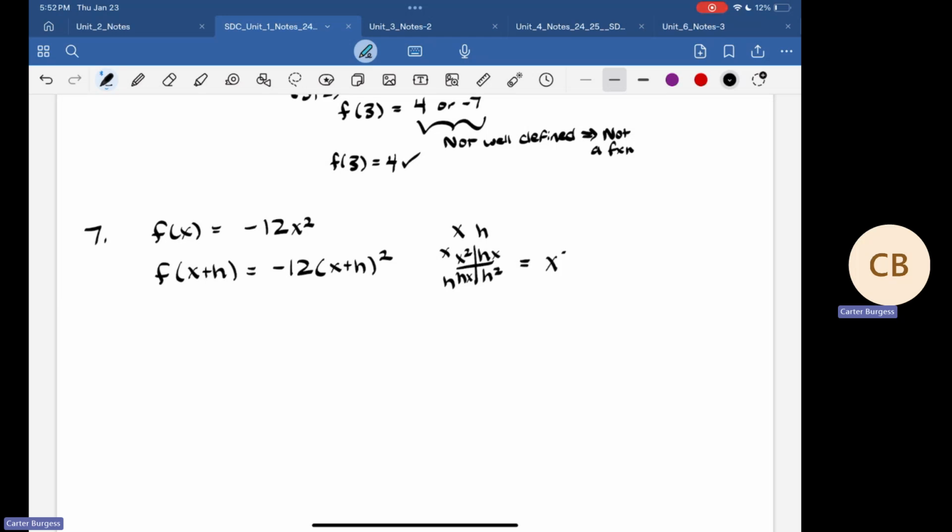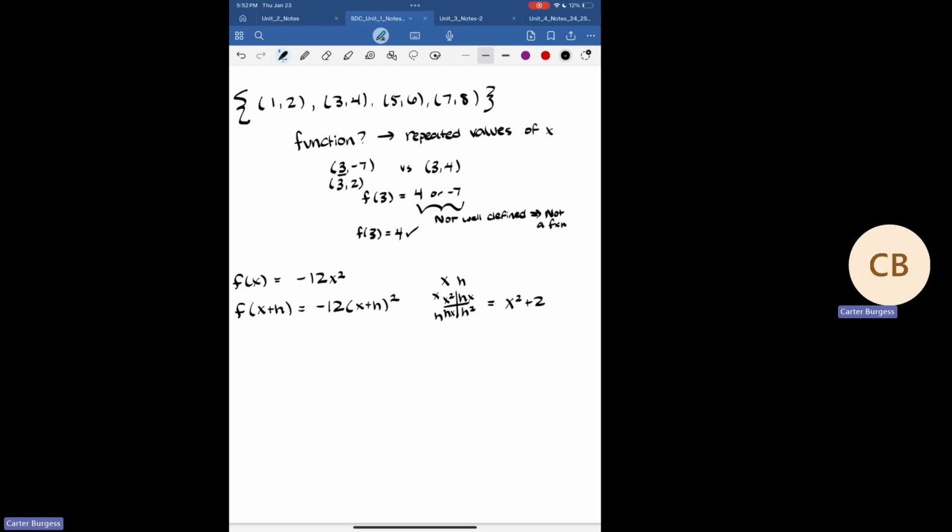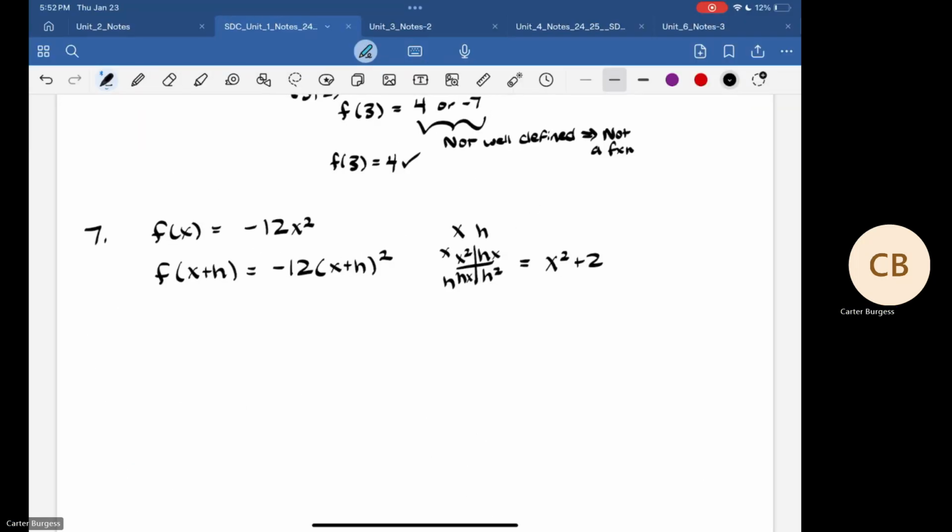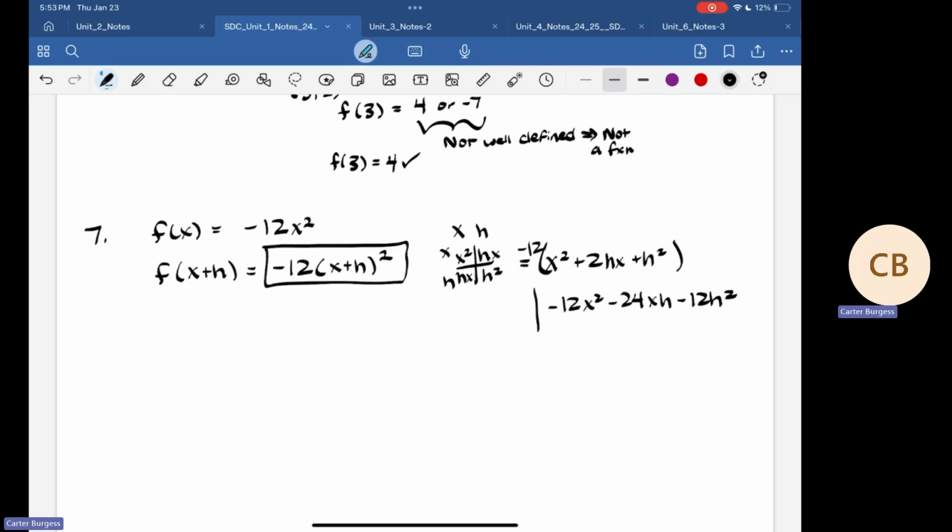We would get x squared plus 2hx plus h squared. And then we're multiplying that by -12, which you could distribute, to get -12x squared minus 24xh minus 12h squared. But of course, both of these are perfectly acceptable. Either one is fantastic.